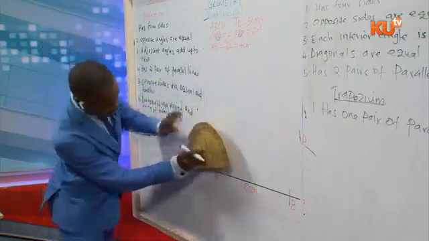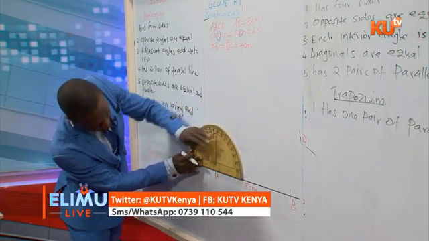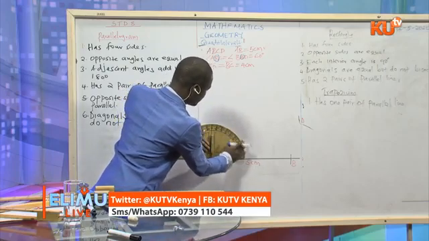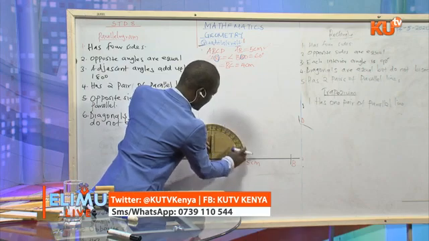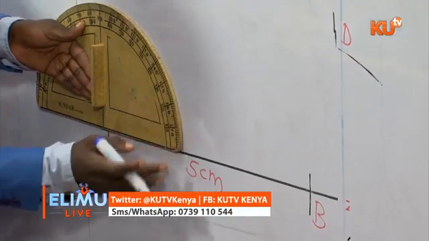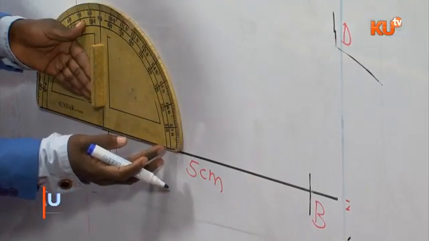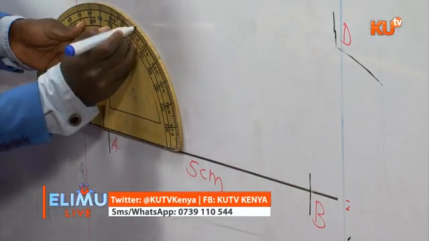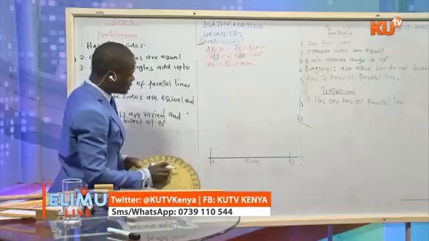So stand at A, like I've indicated. Because the line is this side, you have to find the angle on this side. You have to check the scale that you're supposed to use. The 0 from this side is found on the inner scale. So we start, then we measure 60. So 60 is there. Put a dot.